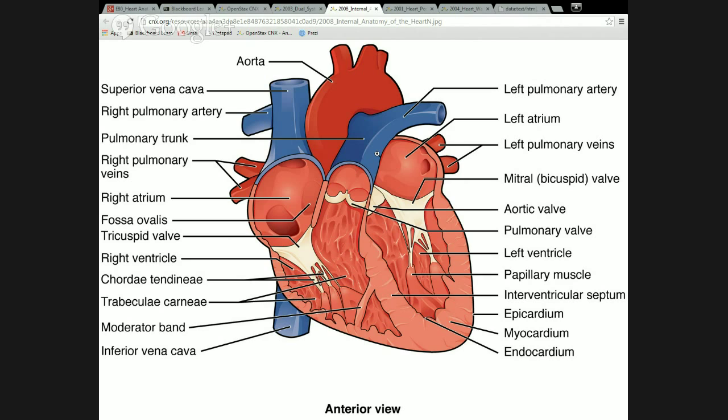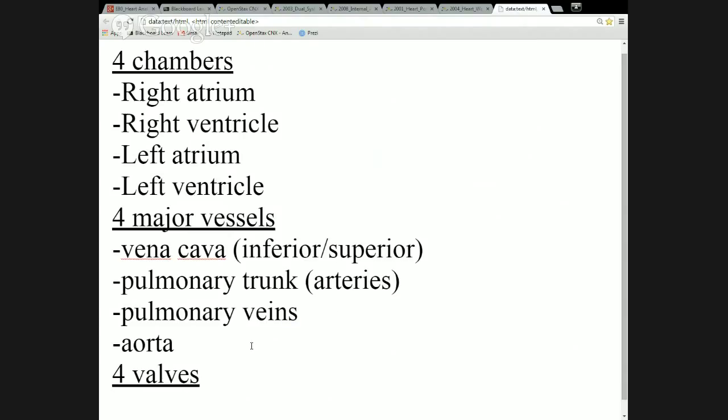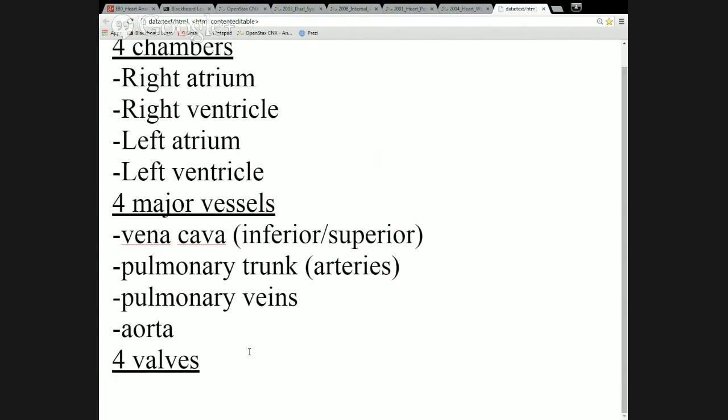So I just want to take a second to look at this picture to talk about those structures after writing all that down here. Then I want to add to this growing list the valves. I took a break there because the way I want to present the valves is a little bit different. There are two types of valves.